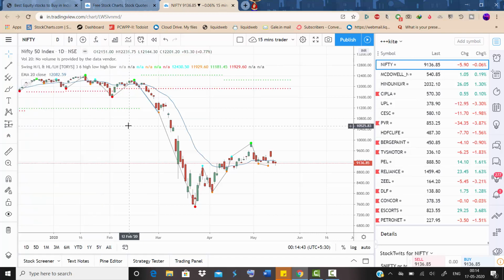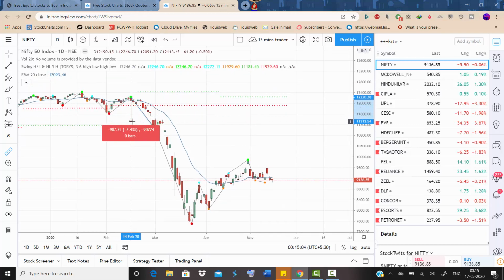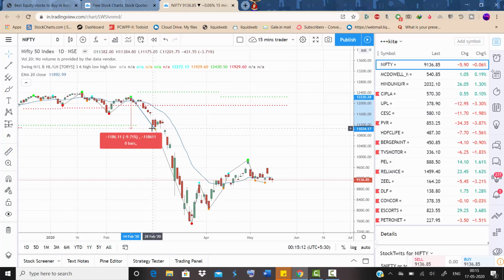I'll tell you how to draw the pitchfork. It is like A, B, and C. You have to mark the half distance between B and C. I'll just measure it from point A to point B to C. You can see it is closer to 1200 points.